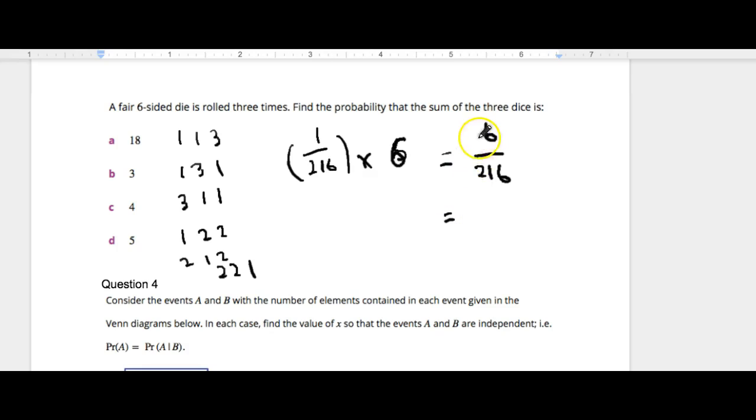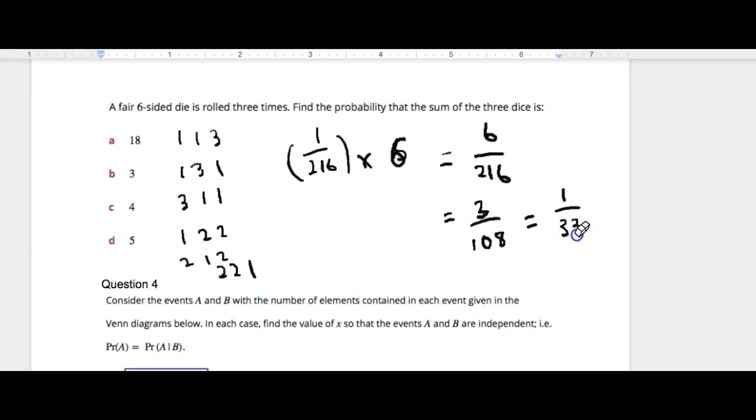Now I know that can be simplified. Instead of thinking how many times does 6 go into 216, I'm just going to halve it, and that's going to be 108, and 3 does go into 108. Gosh, I'm just going to have to pause it to check.